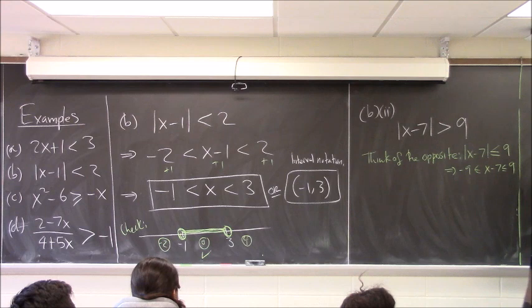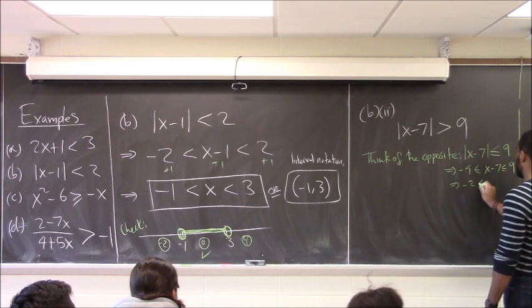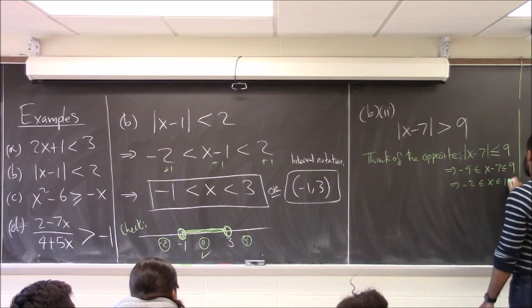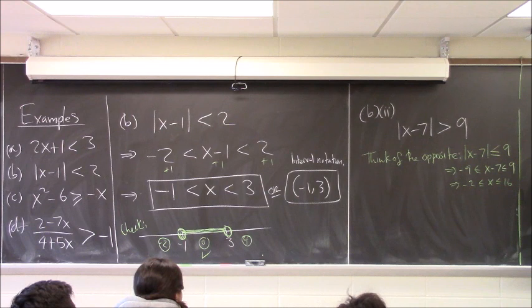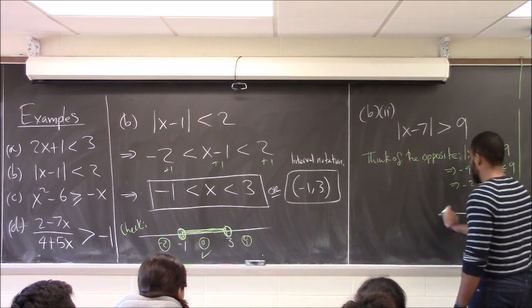9 is going to be on both sides, negative on one side, positive on the other. I can add 7 to both sides. And so now I know my x must be between minus 2 and 16. And then what I do is just take the opposite.